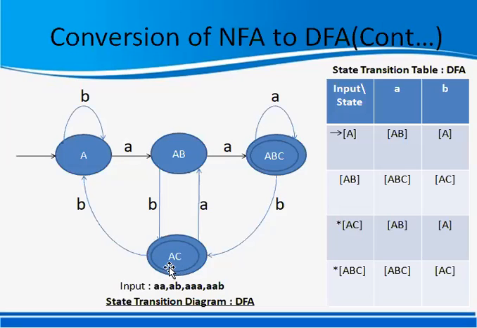Now from state AC, if we have input small a, then considering it as the second last symbol, we will wait on state AB for the next input. If it is small a or small b, in both cases we are going to accept it.